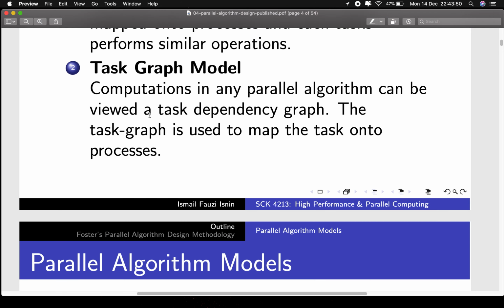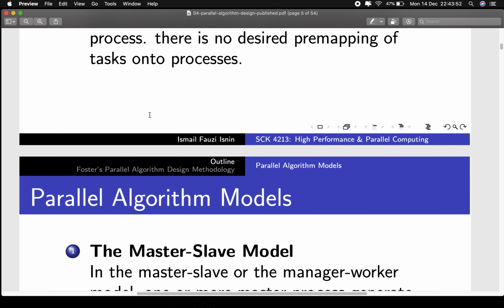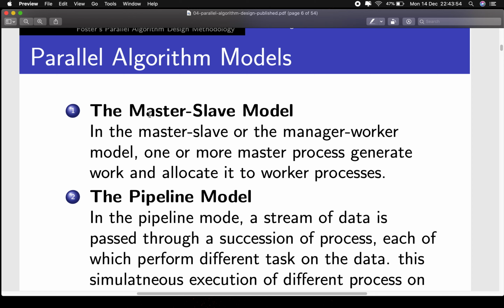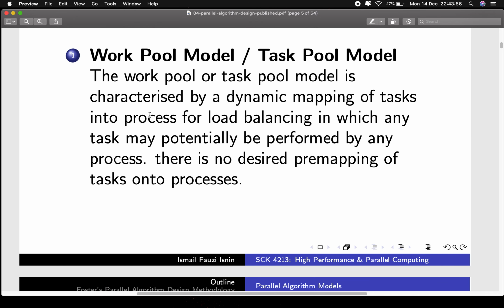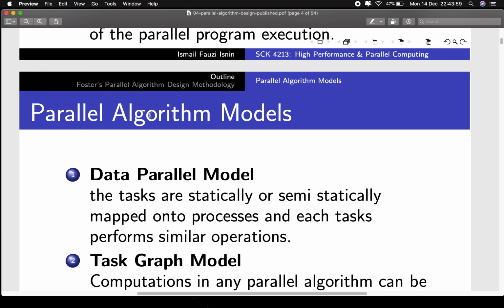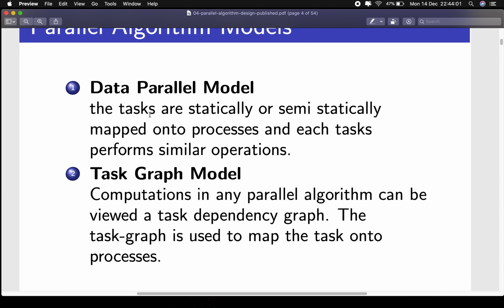For each of the models given under parallel algorithm models, you need to know all the details, so let's look into them one by one. For the data parallel model, the tasks are statically or semi-statically mapped onto the processes, and each task performs a similar operation.